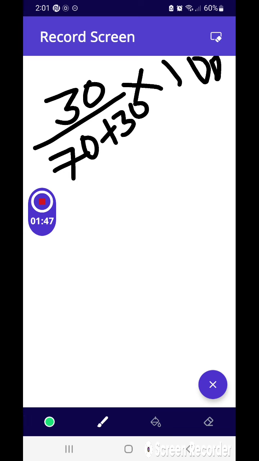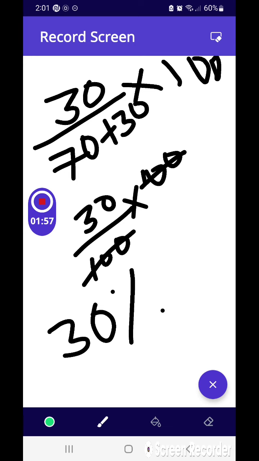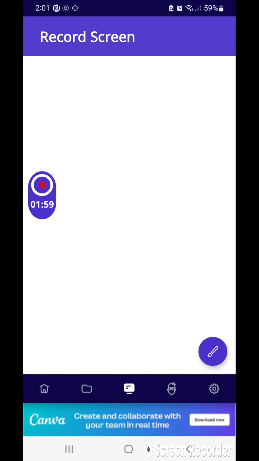Now 70 plus 30 is 100. So 30 upon 100 into 100, 100 get cancelled out. So the concentration we have is 30%. So now we have got what is concentration. Concentration is the amount of solute present in a given amount of solution.